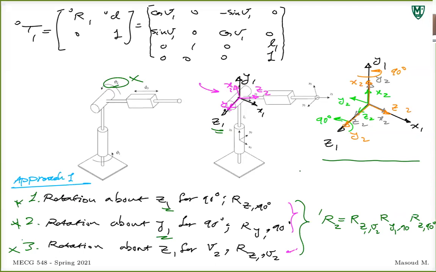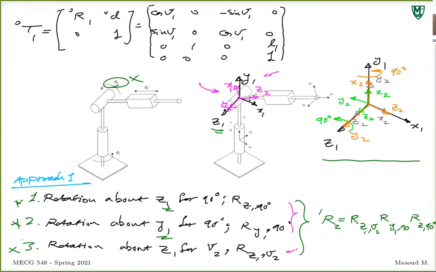So Z2, X2 upward, and Y2. Now, this is the general orientation you get with those two 90-degree angles. The last step is to go from X, Y2, Z2 in orange to now X2, Y2, Z2 in magenta.